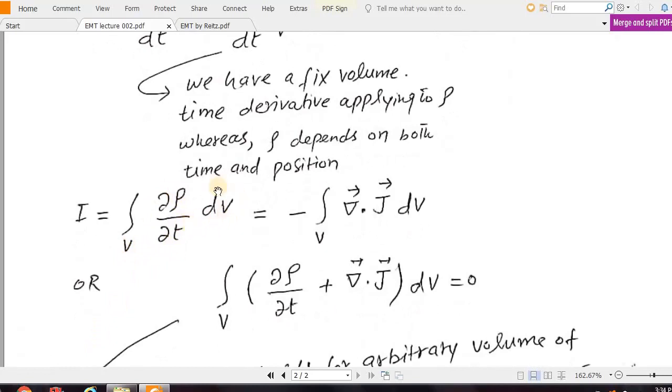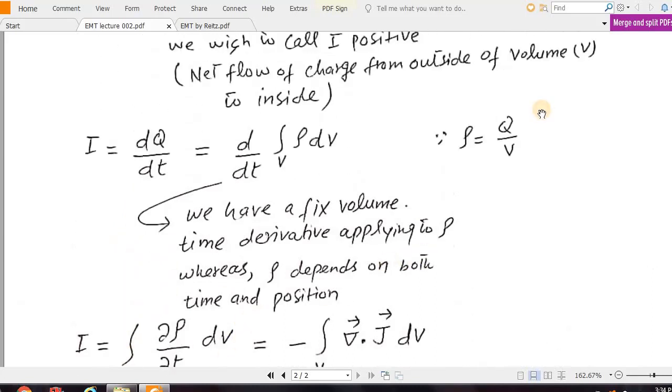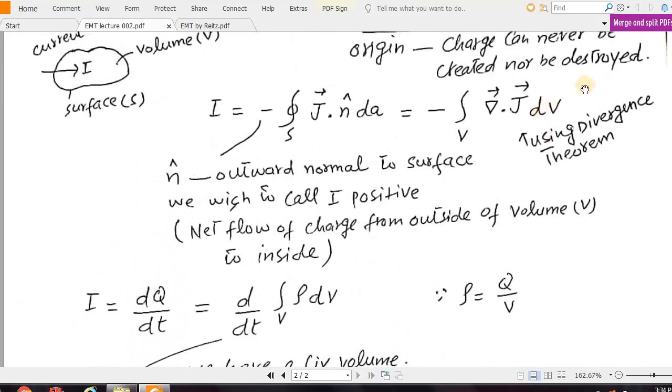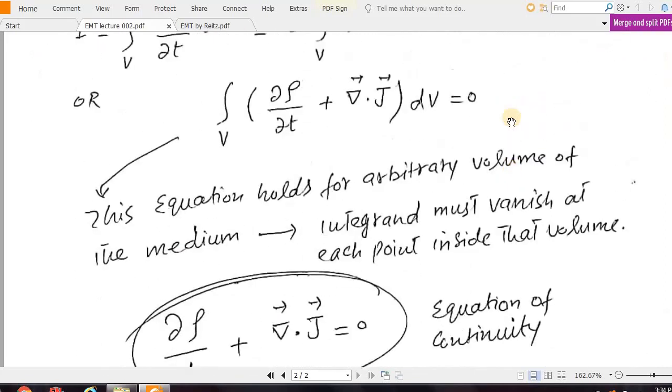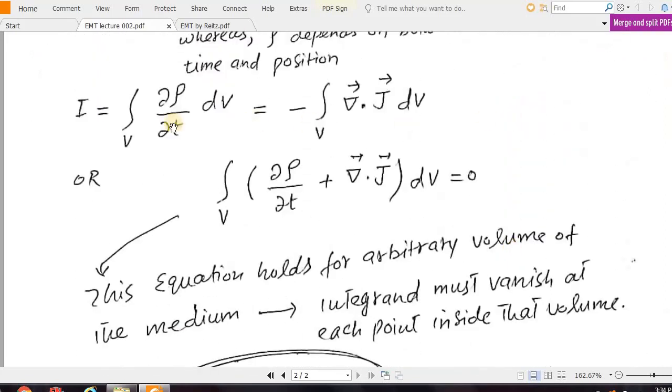Now compare this part of the equation with the above equation. By comparing, we have this equation: the integration over the volume of partial rho over partial t into dV is equal to minus the integration over the volume of del dot J into dV.